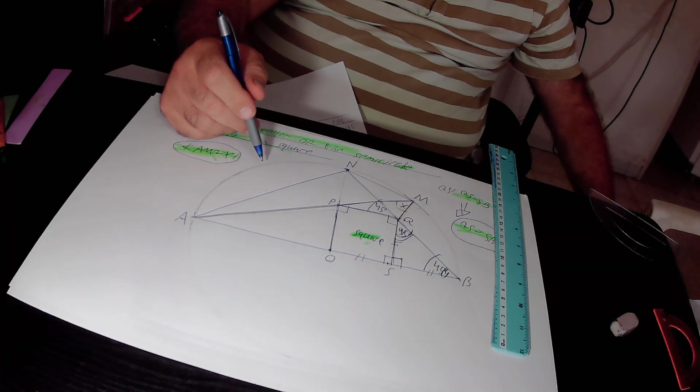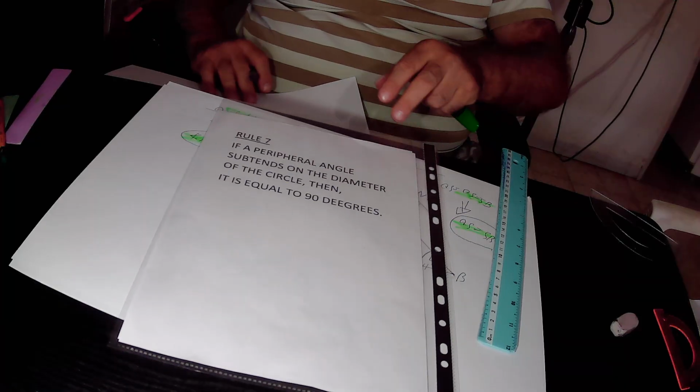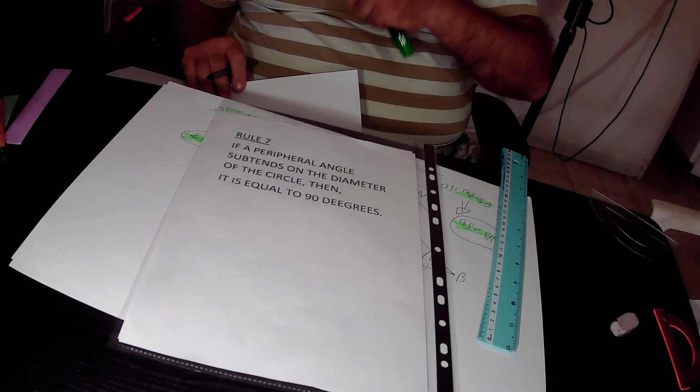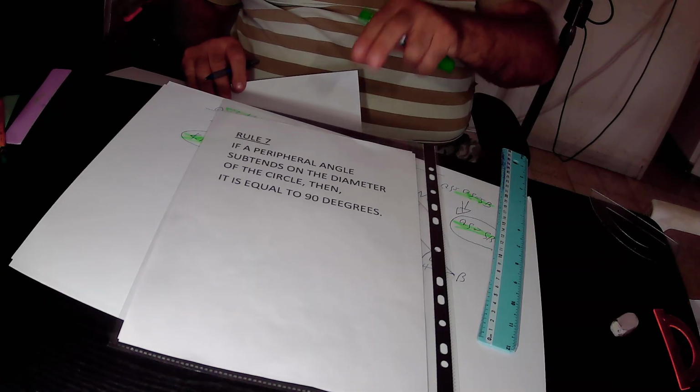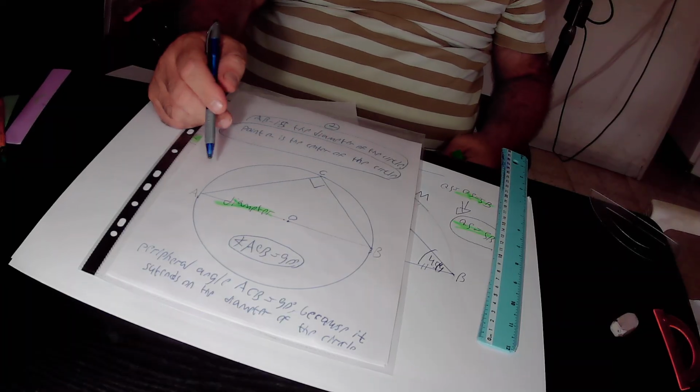So let me repeat rule 7 quickly. According to rule 7, if a peripheral angle subtends on the diameter of the circle, then it is equal to 90 degrees in its size. In the drawing, we have a circle.